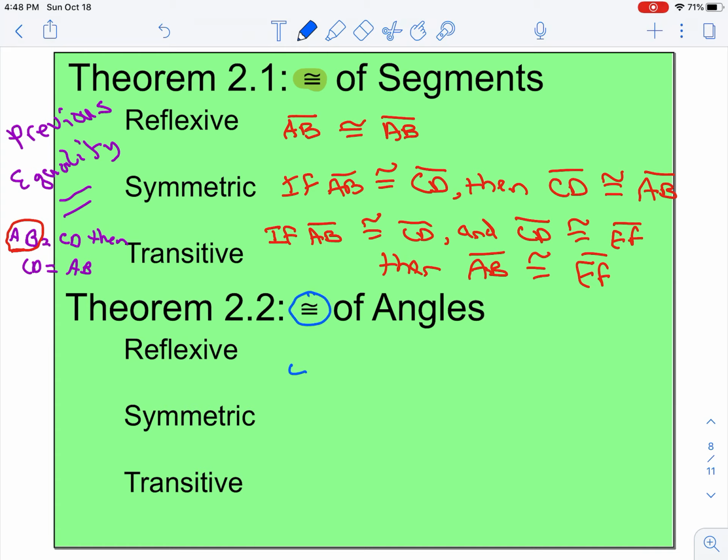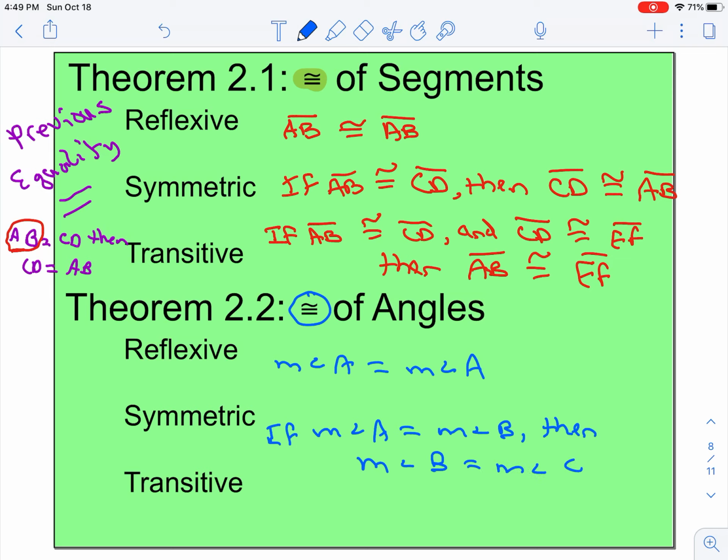So again, we could say that angle A is congruent to angle A. For the symmetric property, since we're talking about congruence, those are the angles being the same measure, so we should use that the measure of angle A is equal to the measure of angle B, then the measure of angle B is equal to the measure of angle A. So again, it flips across the equal sign.